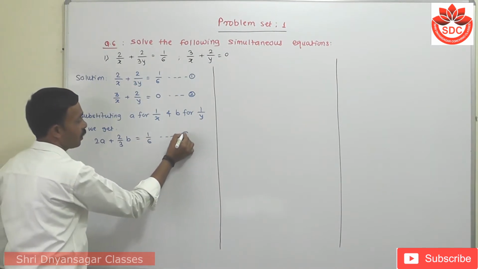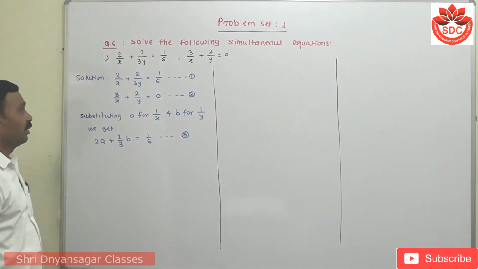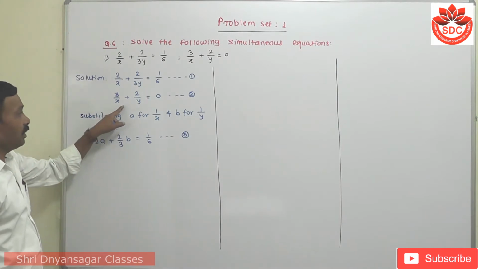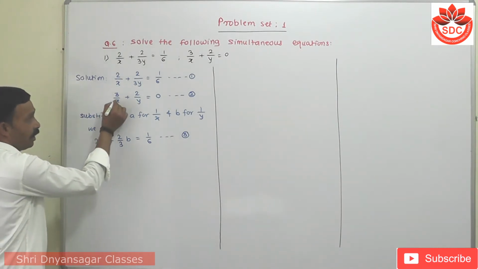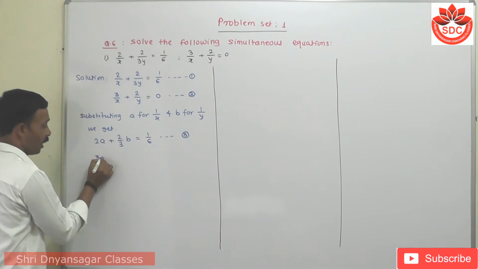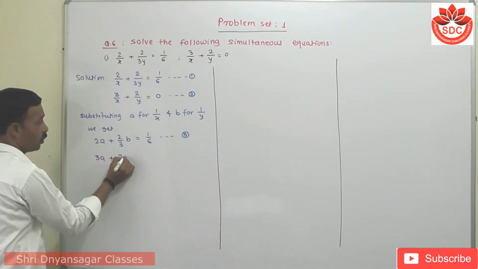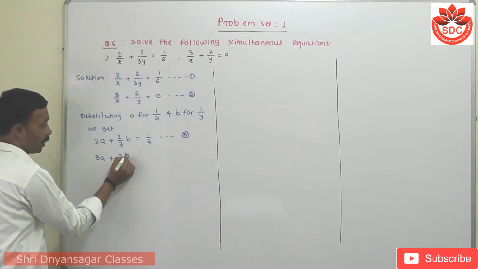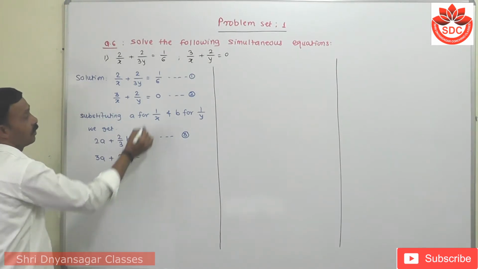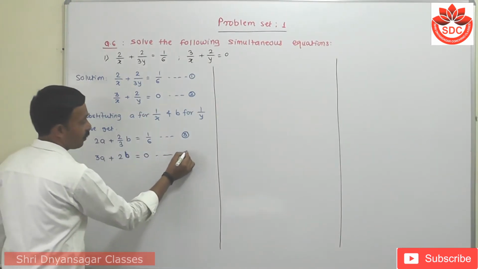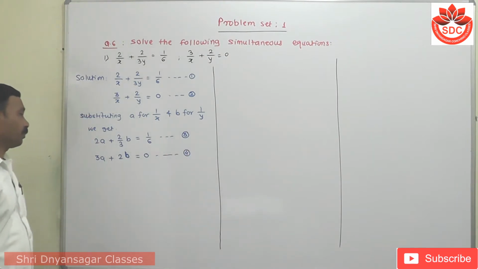This is equation number, suppose, 3. Then the second equation becomes 3 into 1 upon x, means 3a, plus 2 into 1 upon y, means 2b, is equal to 0. This is equation number, suppose, 4.